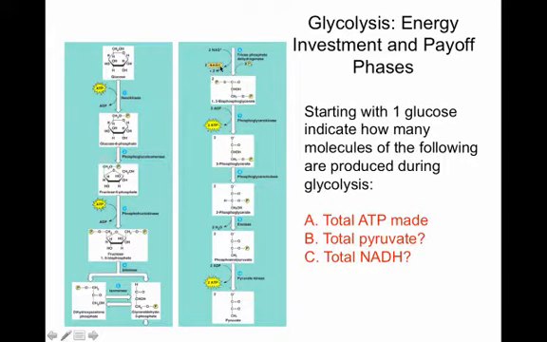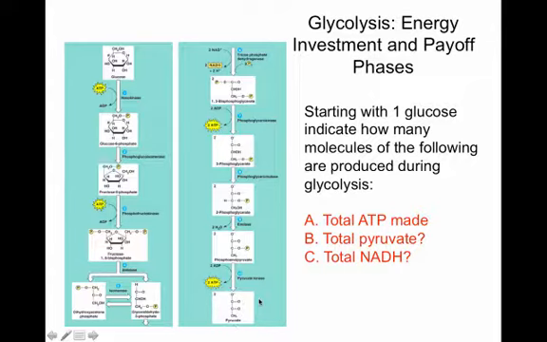And we actually make 2 of them here. And then we go from that intermediate to the next intermediate. We actually produce some ATP in this process. Okay, 2 ATP. And then we go from one intermediate to another, and then the final step here, we produce a little bit more ATP, and we finally get our 2 molecules of pyruvate.